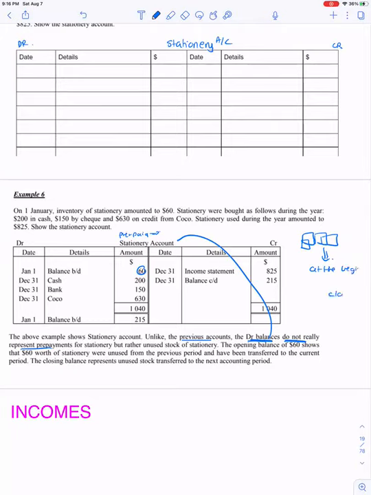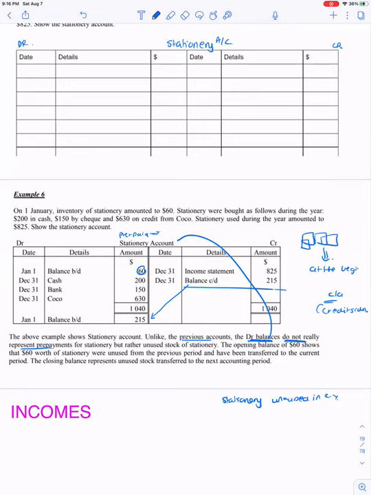And the closing balance of stationery will always appear on the credit side, because it is a closing balance, and next year we would transfer it to the original side. So the closing balance of stationery would represent the stationery unused in the current year.